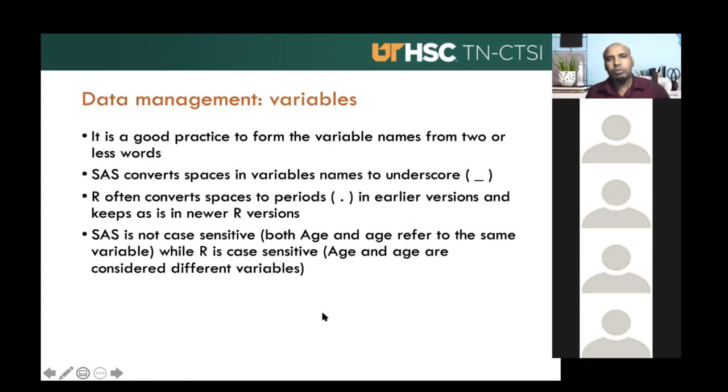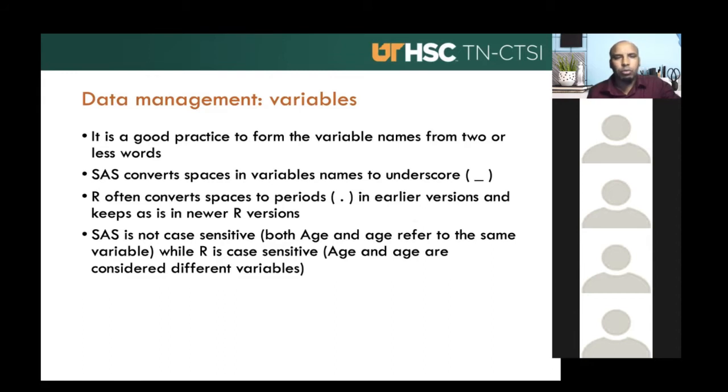It's a good practice to form variable names from two or fewer words. When the analysis is conducted in SAS, and also in R, it's possible to add labels to variable names, like a dictionary that follows the data.